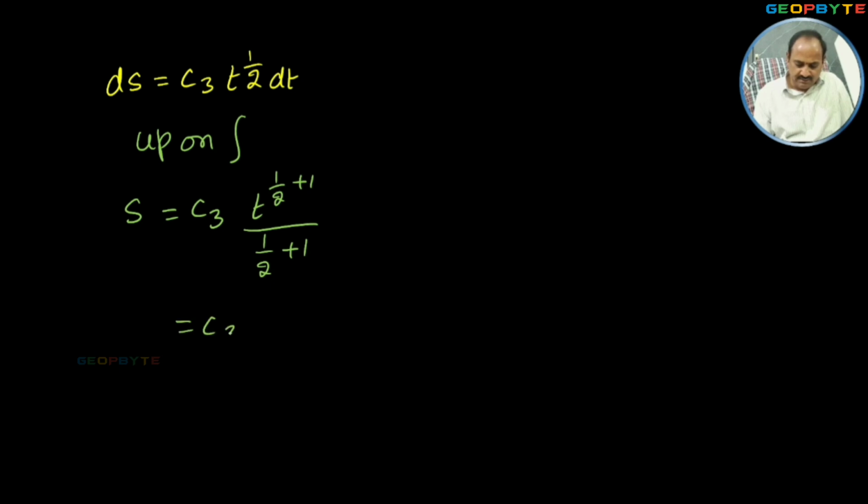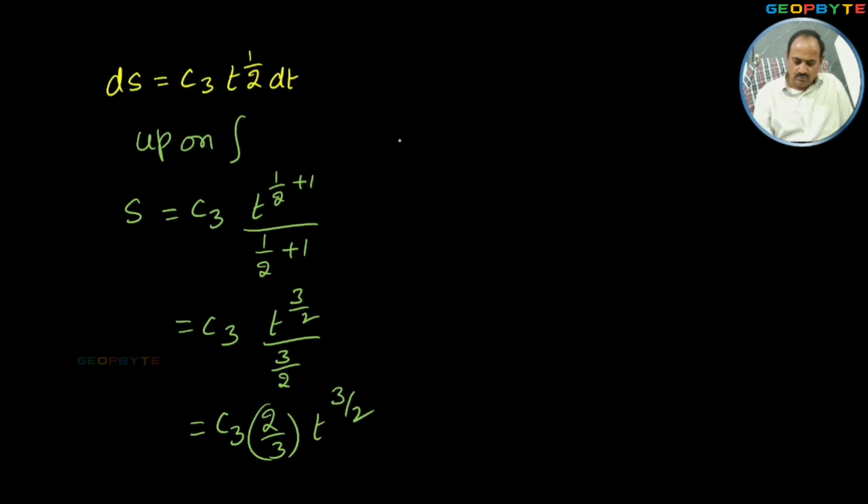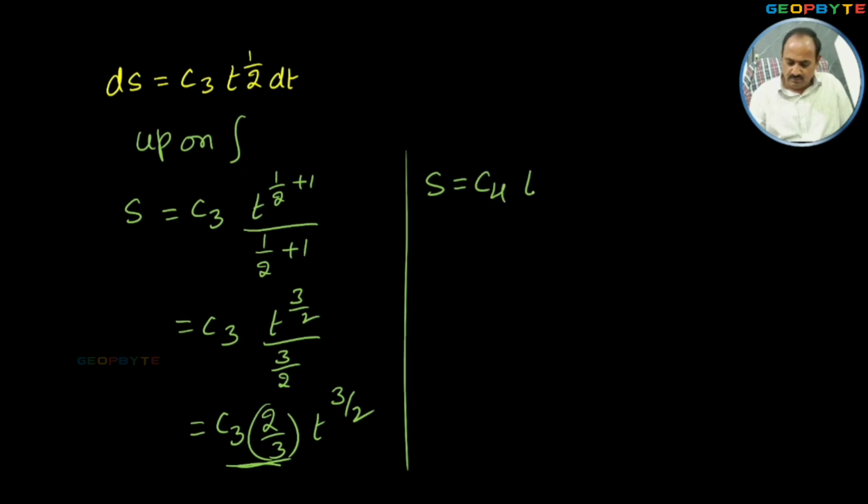It is equal to c3 into t power 3 by 2 by 3 by 2. It is c3 into 2 by 3 into t power 3 by 2, or the displacement s equals, let this product be c4, into t power 3 by 2.